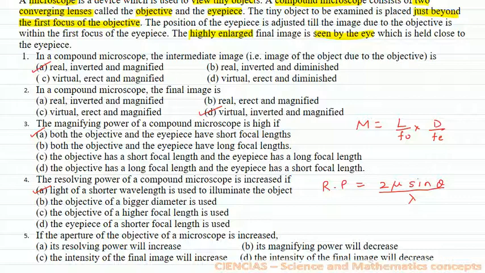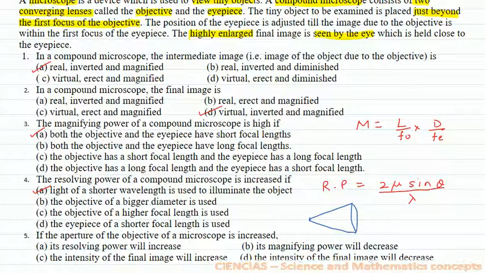Option B says the objective of bigger diameter is used. Now diameter depends upon sine theta. Here I draw the diagram. This is the object and this will get illuminated by the lens.